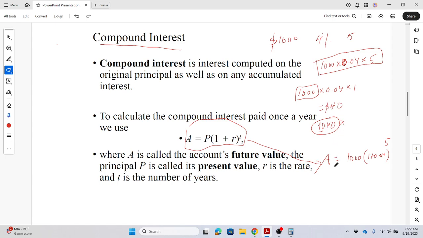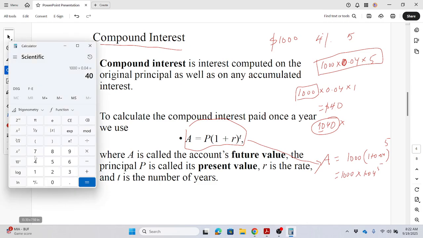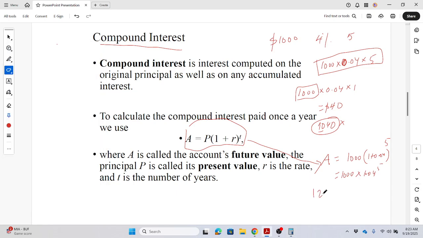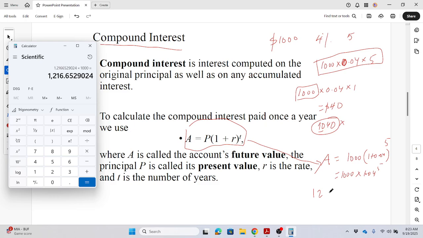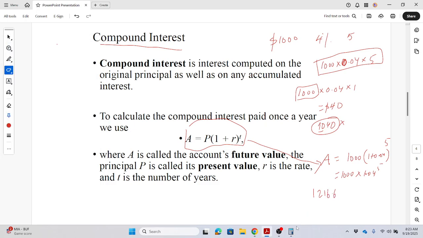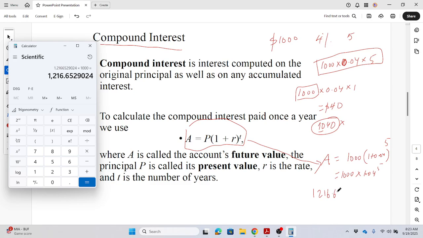So this is $1,000 times 1.04 to the power 5, which gives you approximately $1,216.65.